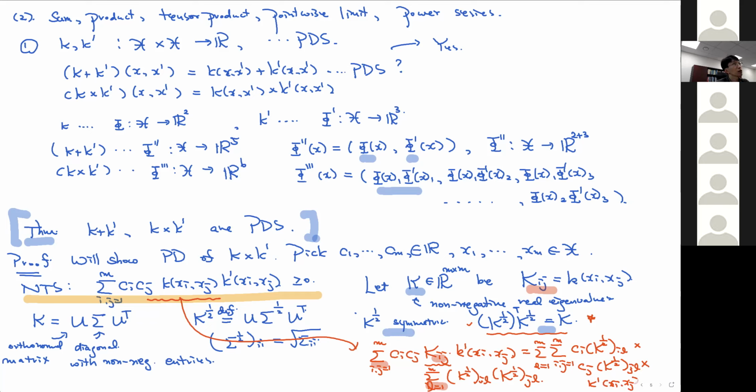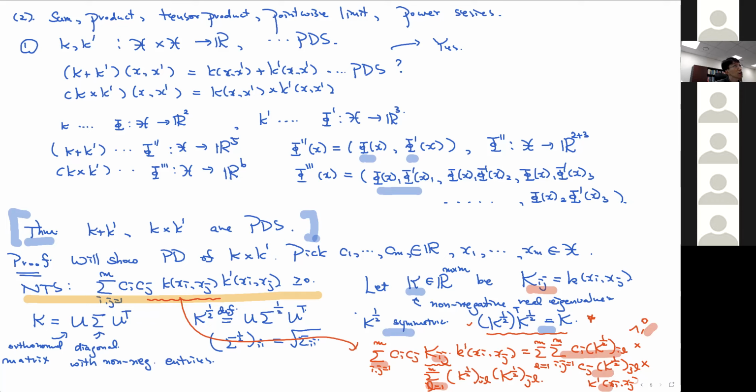At this point, one thing you can notice is that this is the kind of summation that appears when we talk about positive definiteness of K prime. By positive definiteness of K prime, this part is greater than or equal to 0. And if you take a sum of non-negative numbers, that will also be greater than or equal to 0. So that lets us conclude the proof.